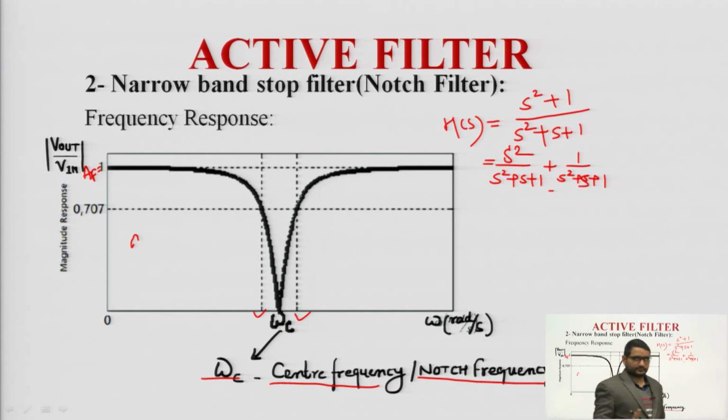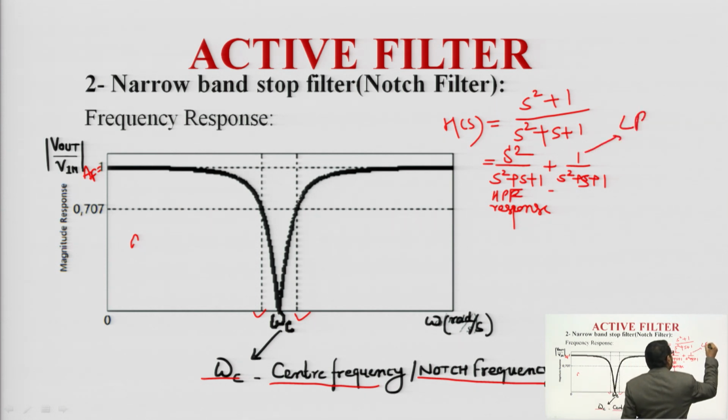Okay. So, the first part shows the high pass response. This is the high pass filter response. If you recall the transfer function of a high pass filter, it looks like this, and this is the low pass filter response.